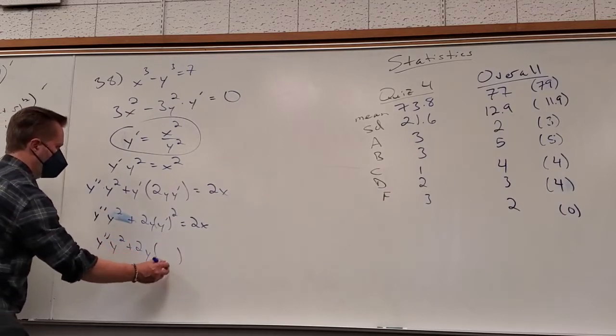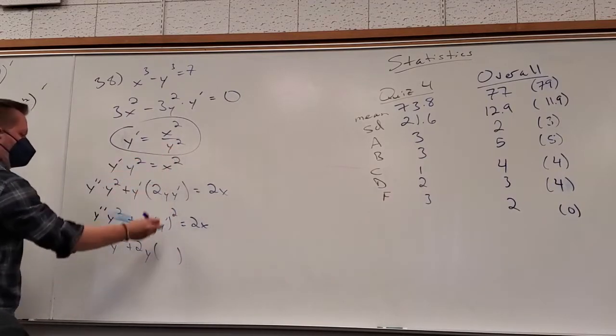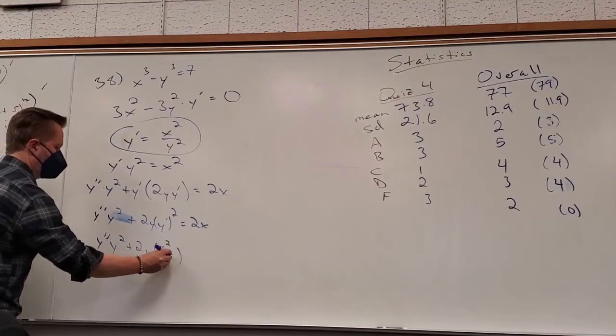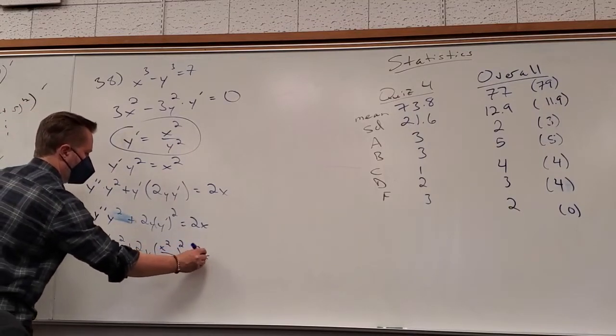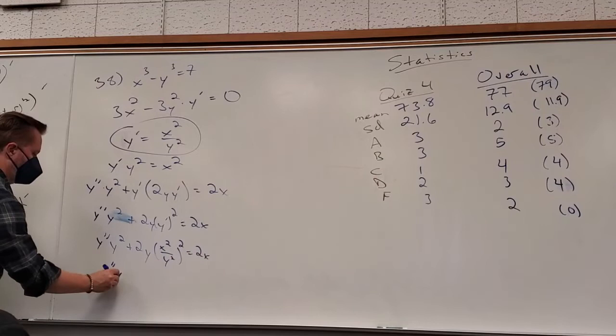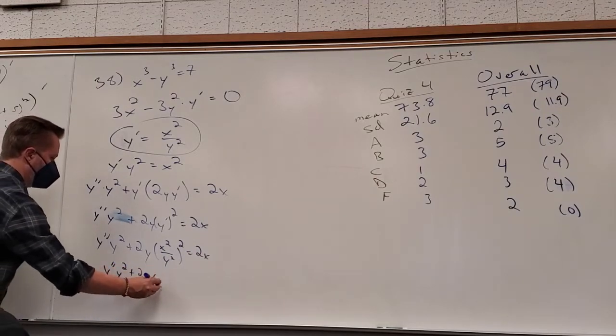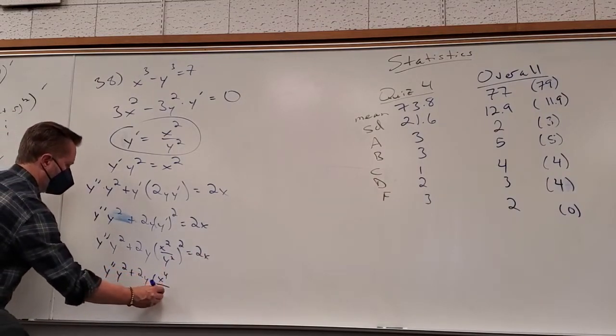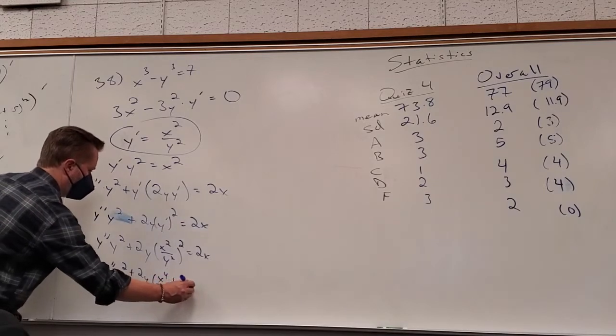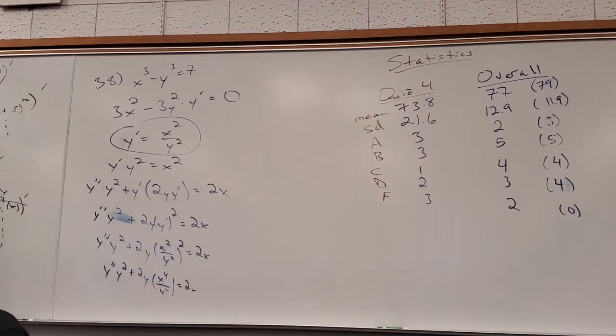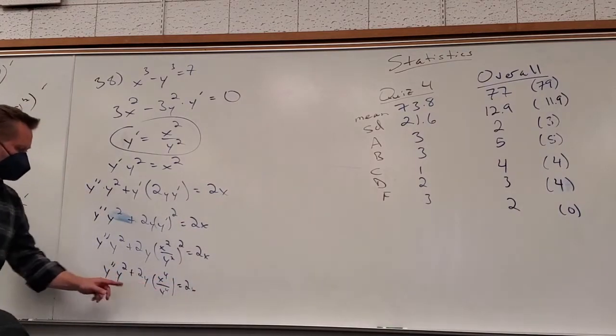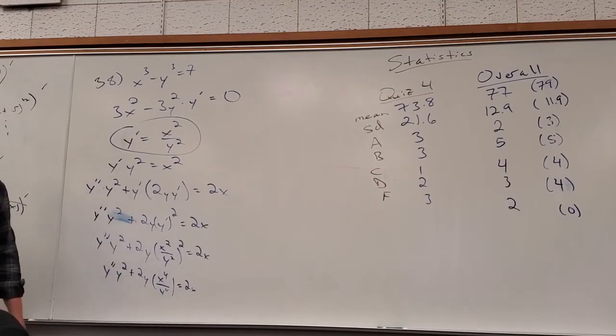What's y prime? X squared over y squared. Oh boy. And now it's just algebra. Subtract that, you can reduce a y, divide by y squared. Not too bad after that, is that cool?